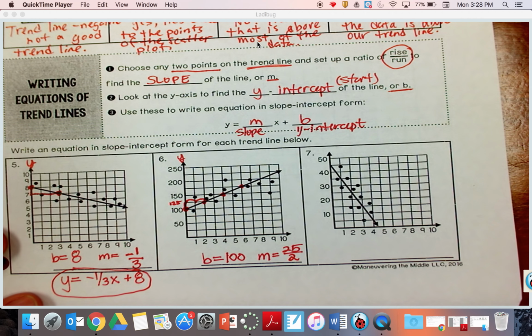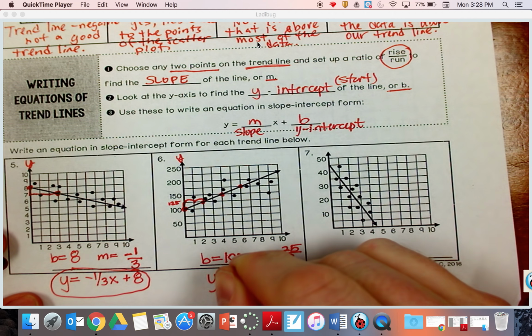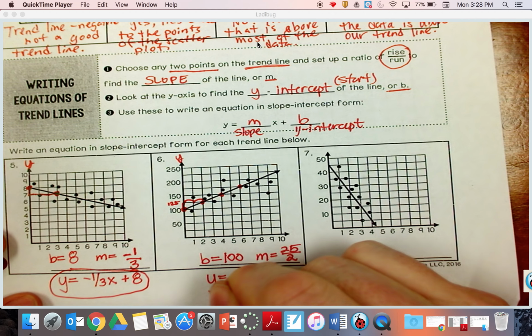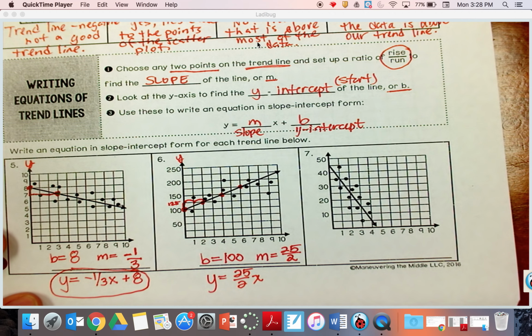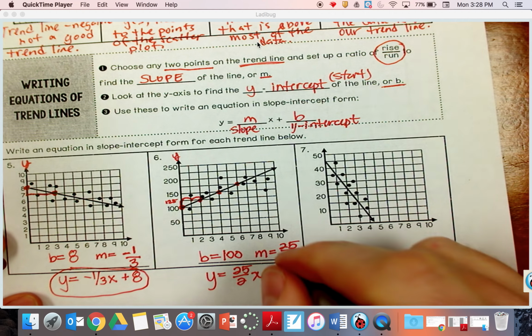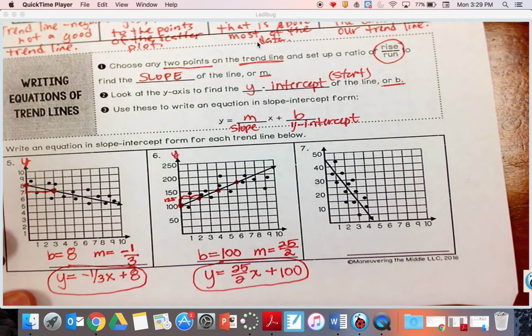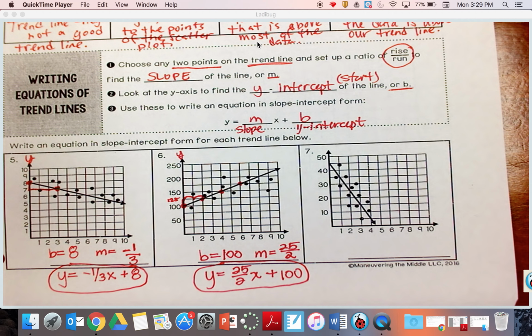And there's my slope. So my equation here is y equals 25 over 2x plus my y-intercept, which is b, 100. And there it is. So that is the name of that trend line, and I can use those later on by making predictions and estimations about this scatter plot.